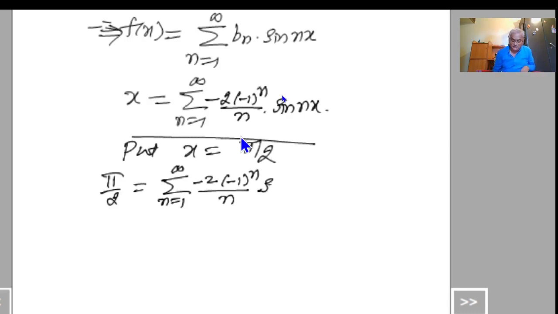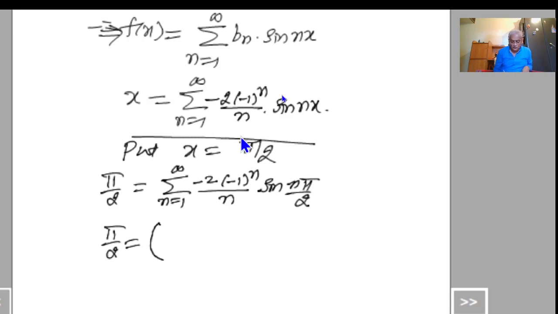So pi by 2 equal to, I can write minus 2 outside or inside itself, no problem.